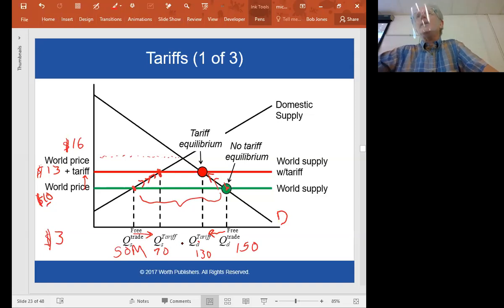if they were having a hearing in Washington and trying to decide, well, should we impose this tariff? It's going to help the producers and it's going to hurt the consumers. And if they're having a hearing in Washington, then no doubt they would bring out some producers who would talk about how their business is going to be devastated if you don't have this tariff.